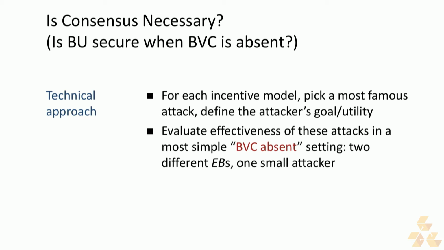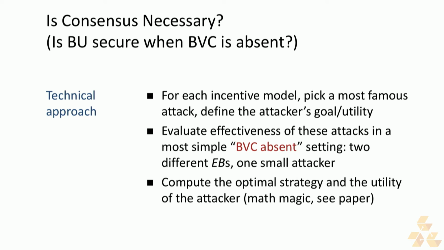Just to be clear, this is the weakest setting. More EB values in the network will only benefit the attacker. And we compute the optimal strategy and the utility of the attacker within each incentive model. This is the main technical challenge of the paper. And we compare the results with those of Bitcoin.